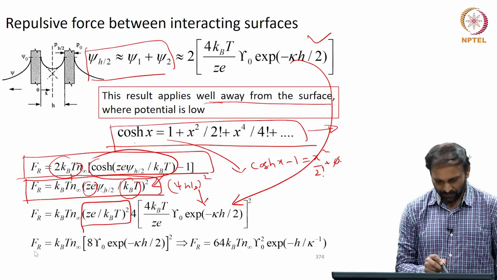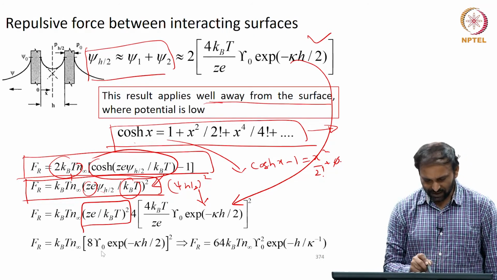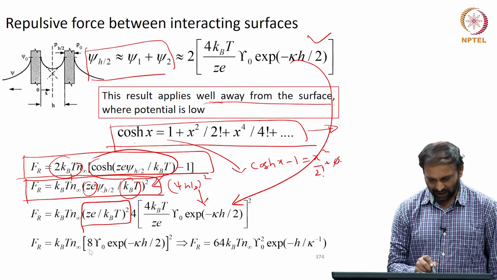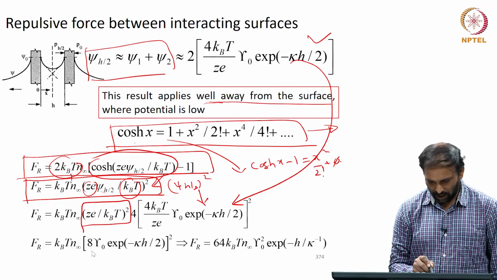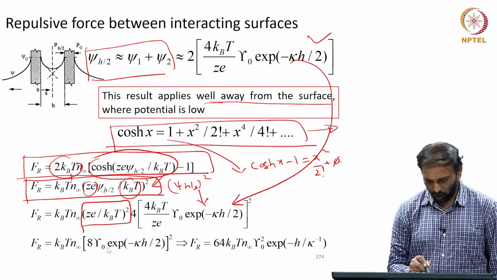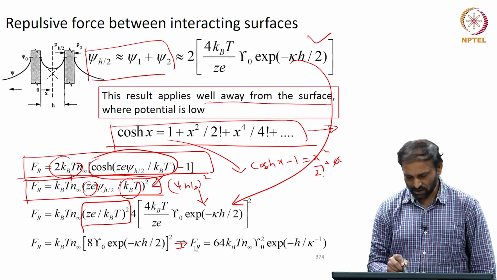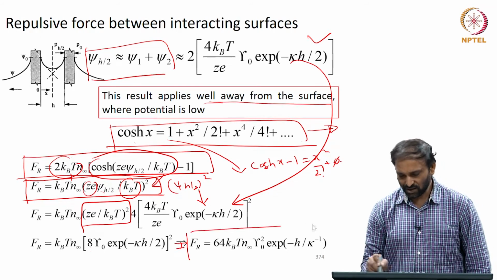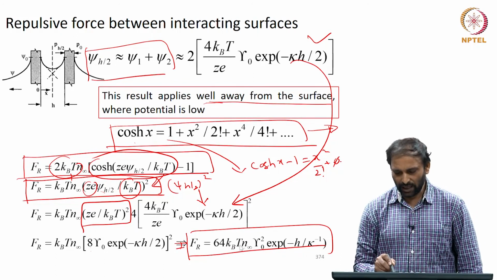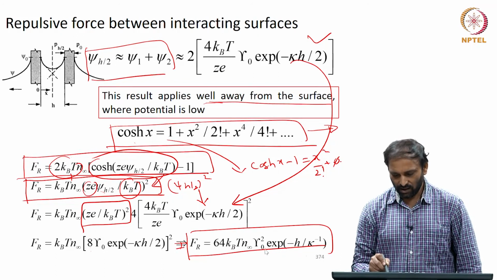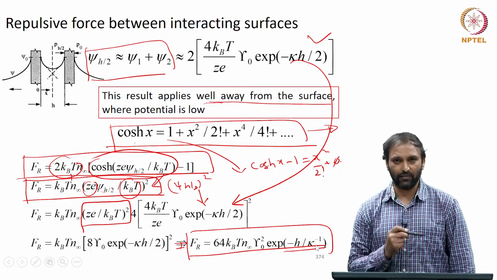Therefore, Fr, the force of repulsion, essentially becomes kBT n infinity times 8 gamma naught exponent of minus kappa h by 2 whole square. That means the force of repulsion becomes Fr is equal to 64 kBT n infinity gamma naught square exponent of minus h by kappa inverse.